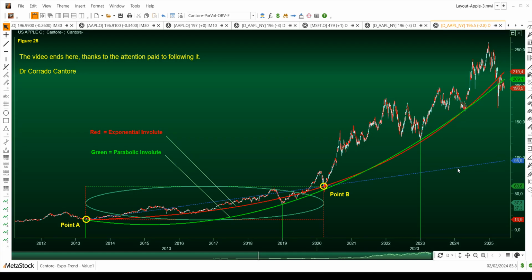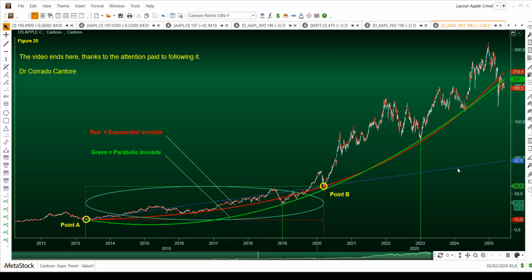On the basis of the 2 selected points indicated by the red rectangles, and with the application of an appropriate correction or curvature factor, the exponential involute being traced is able to interpret in a rather clear and convincing way the growth phase of the Apple stock from 2020 onwards.